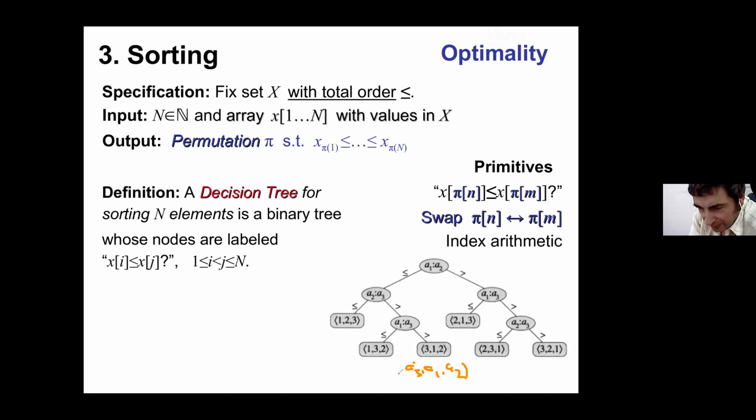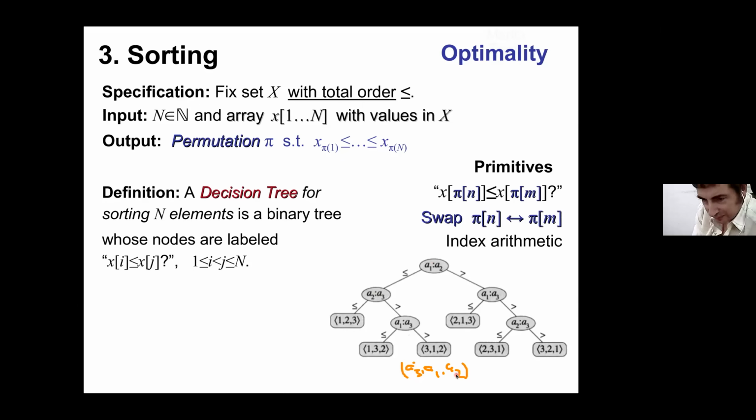I claim that after making these comparisons, when I arrive at this node, the sorted version of the array is A3, A1, A2.